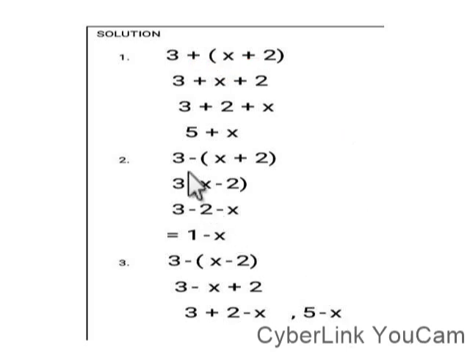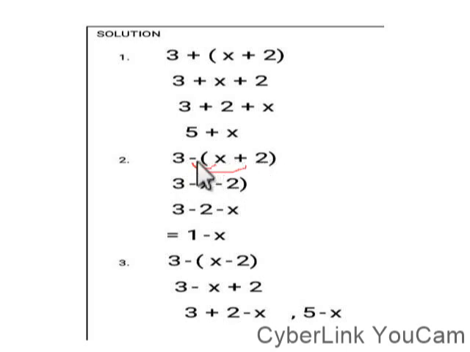Alright, so let's move to the next question. Number 2. We have 3 minus bracket x plus 2, bracket close. Now, similarly, we can bring down our 3, using our minus, which is attached to the bracket, to multiply everything we have inside the bracket. We have 3. Minus times x will give us minus x. Minus times plus 2.